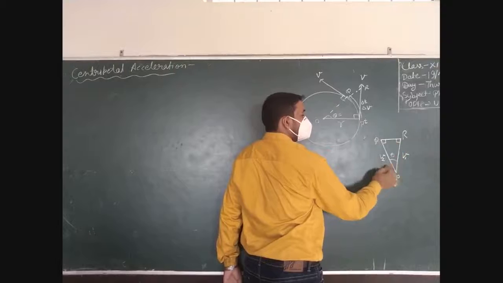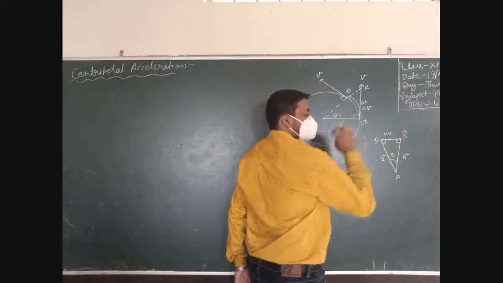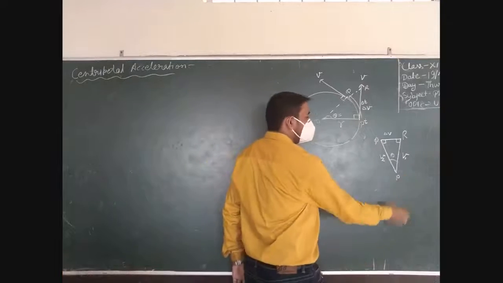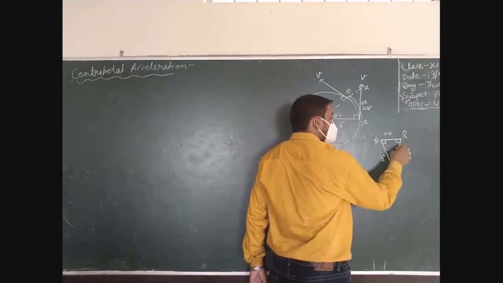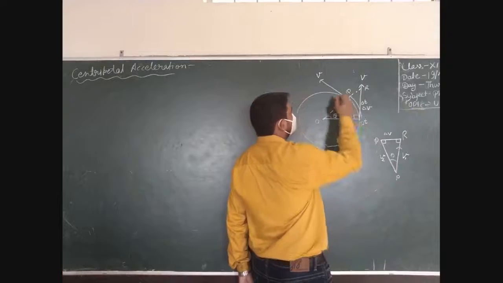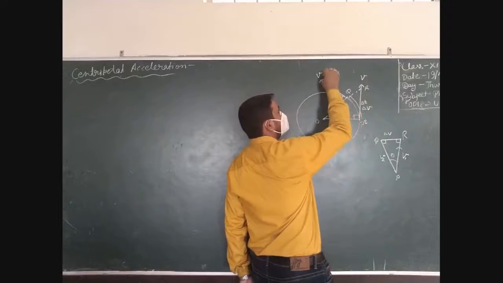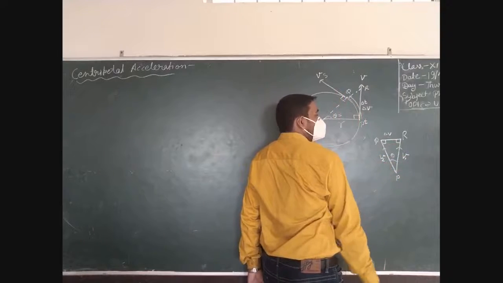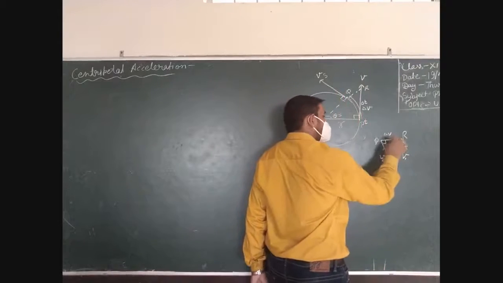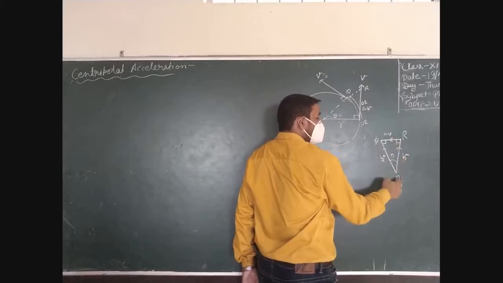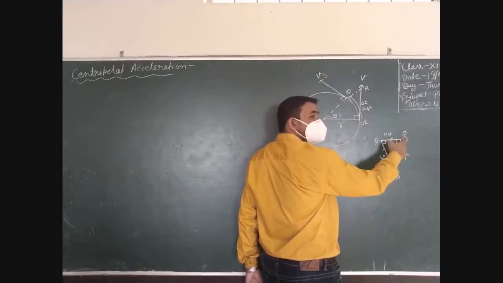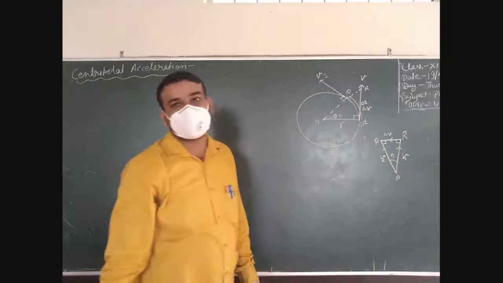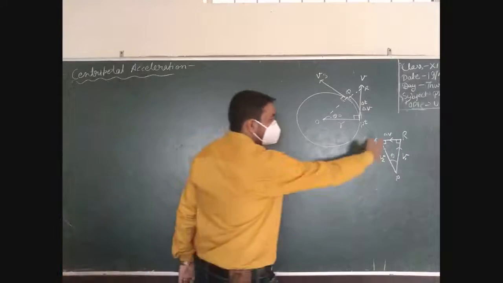Let the difference between the velocities be del v. Now according to the triangle rule, if we take the direction from P to Q and then another direction from Q to S, this is v2, then the third side is always taken in the opposite order, and the resultant is given by the third side of the triangle.